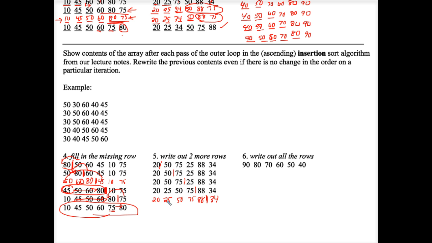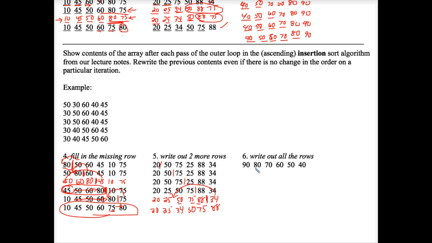The 25 sort of blocked it, and the 34 needs to be inserted in here in between the 25 and the 50. All three of these guys need to be shifted to the right in this array to make room for the 34 that needs to be plopped in right here, and the 20 and the 25 stay where they originally started. So we are now sorted, and this is the answer for this exercise in the worksheet.